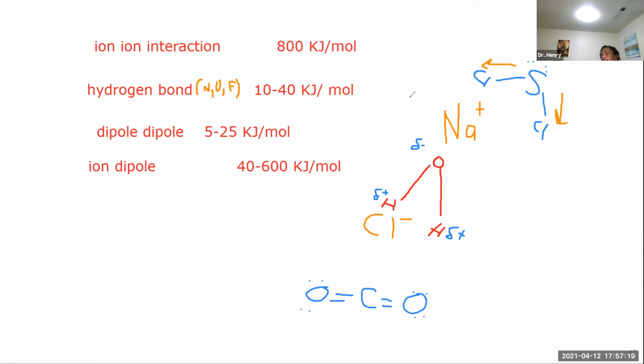That is correct. The bonds would be polar between the carbon and the oxygen, but overall it would be non-polar, because they're both pulling in opposite directions, so they balance each other out. So this is a non-polar molecule.